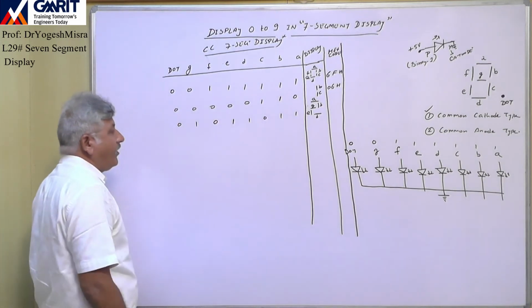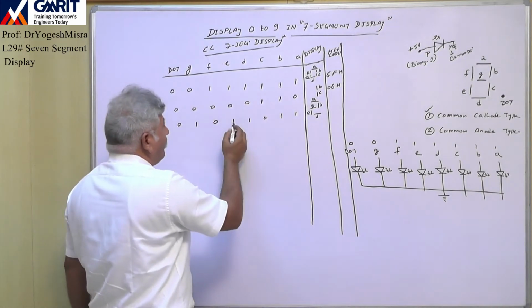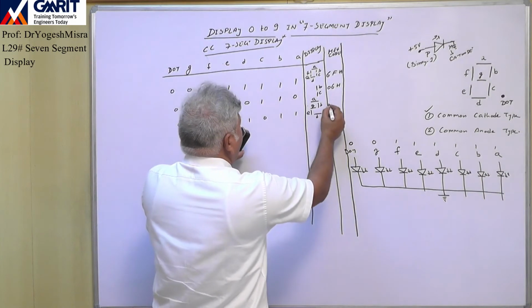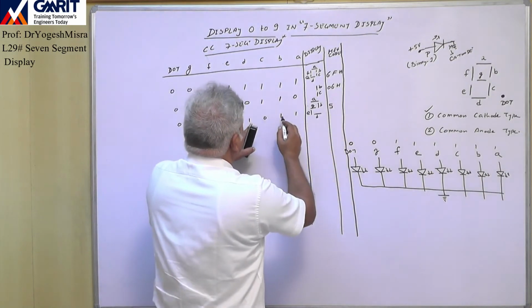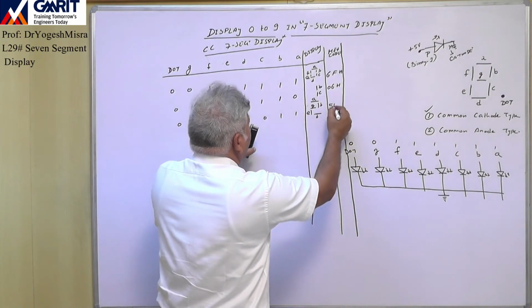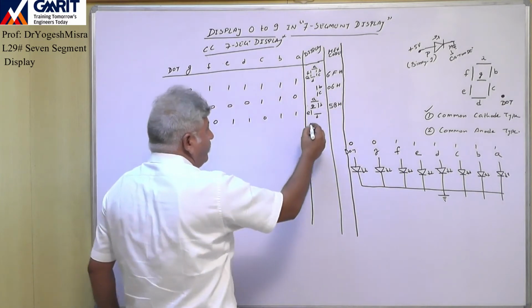And the hex code is 8421, these four, 5, and this is 11, which means B, H: 5BH.